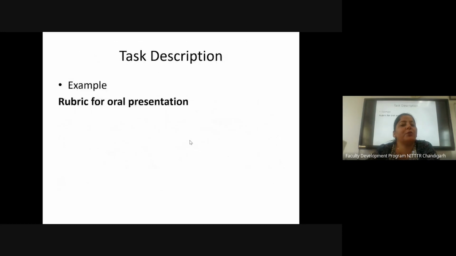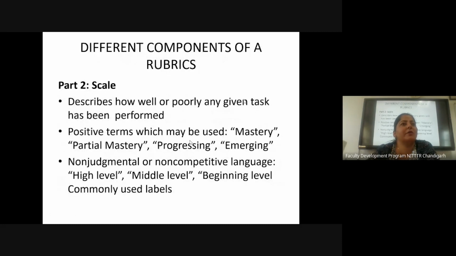That is why, to engage the students in a classroom environment, in the written criteria there must be positive terms, non-judgmental and non-competitive. I can write emerging, I can write needs improvement, I can write beginning level.